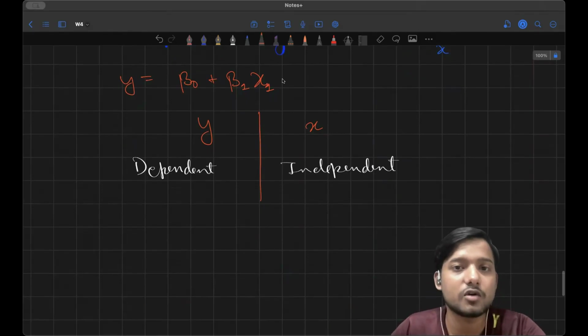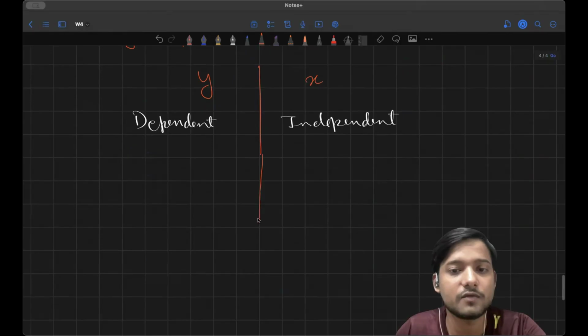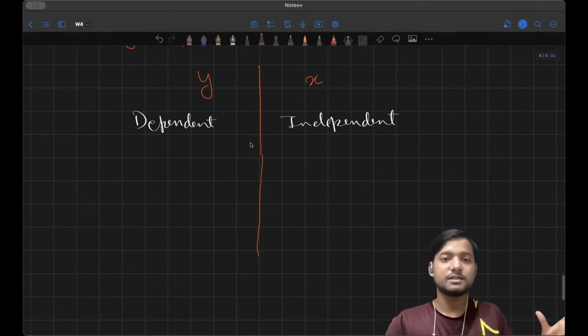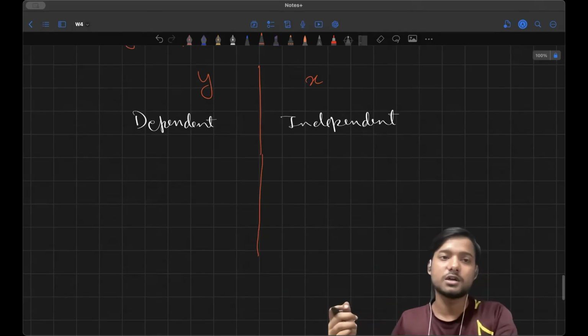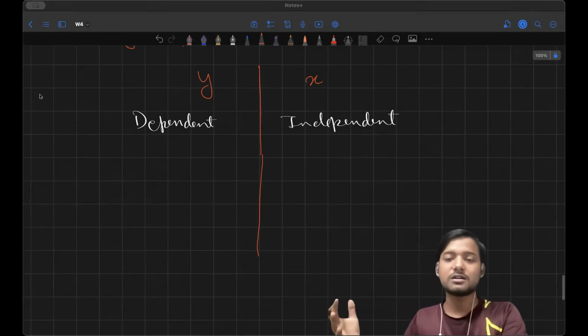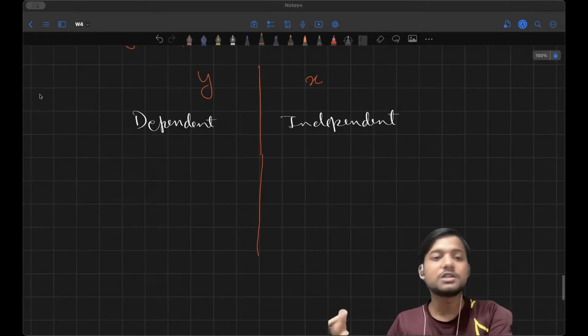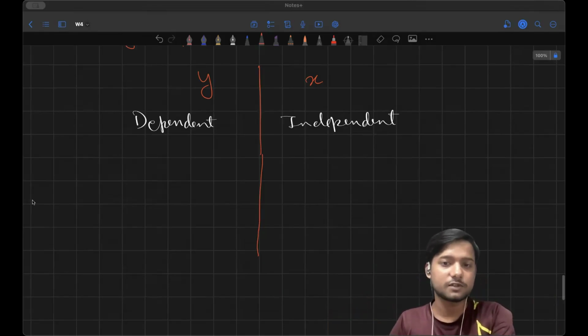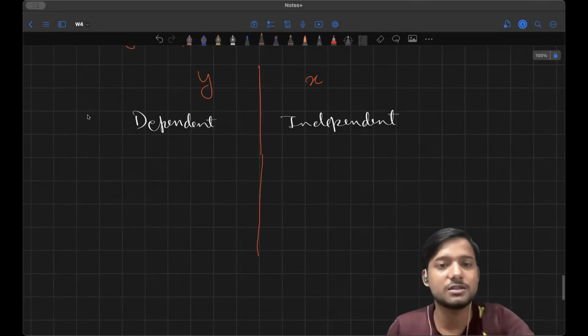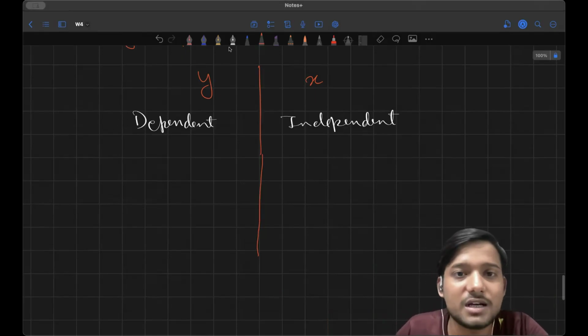Again, it depends a lot on which field of study you are coming from. Maybe if you're from neuroscience, there is some other terminology. Maybe if you're from econometrics, you will see it the other way. If you're coming from statistics, there are other words which we use. So terminology can change from field to field, but my idea remains the same. So one is dependent, independent.